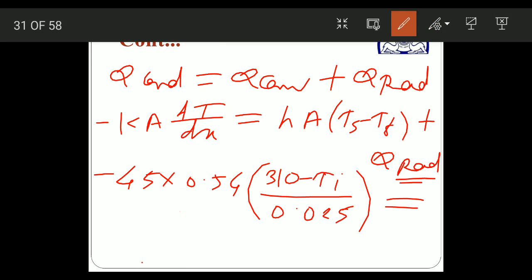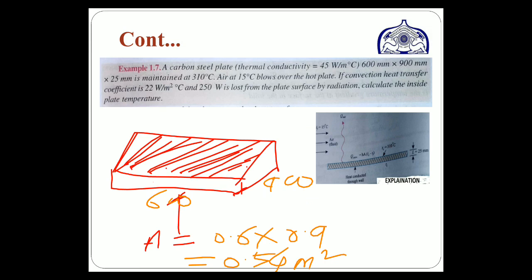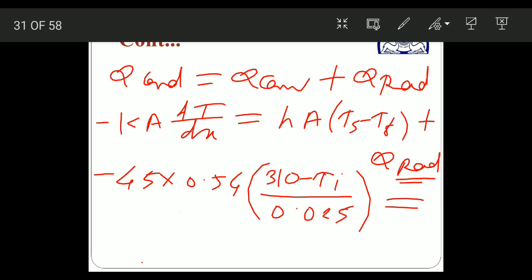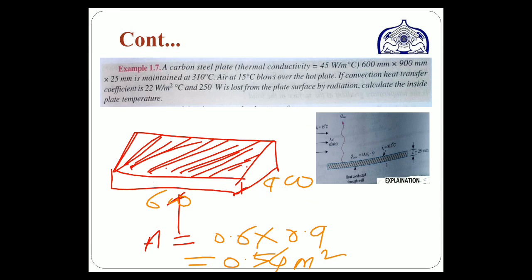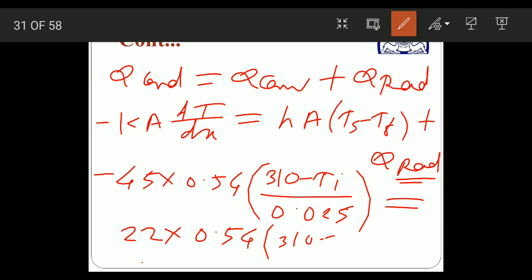Now that is equal to h, which is given as 22. So 22 into area, again the same 0.54, in bracket surface temperature 310 minus air temperature, which is 15, and plus 250, which is given in the question itself.